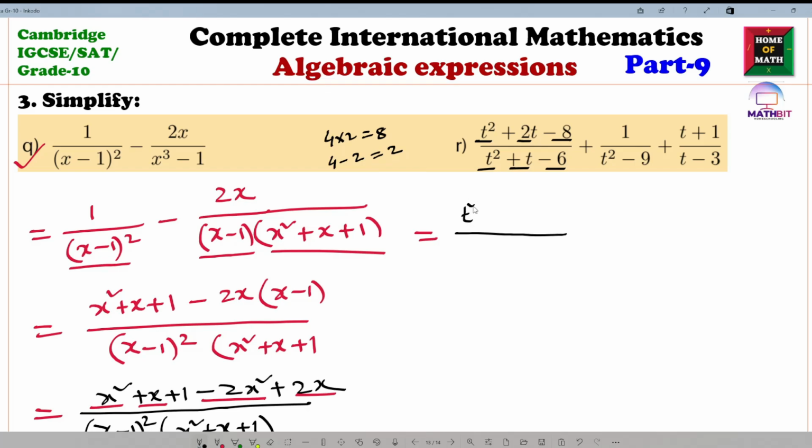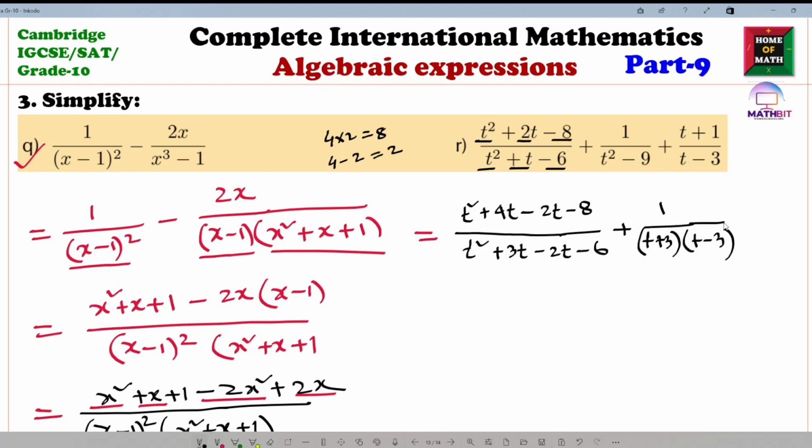So we can write t square plus 4t, then minus 2t minus 8, right? Similarly t square plus 3t minus 2t minus 6. 3 times 2 means 6, 3t minus 2t means plus 1t, and t square minus 9 we can write as t plus 3 times t minus 3, and plus t plus 1 divided by t minus 3.